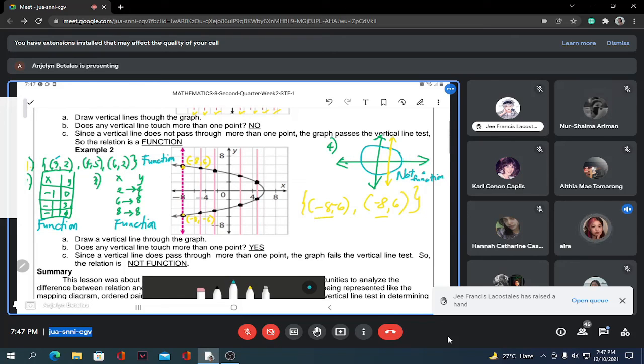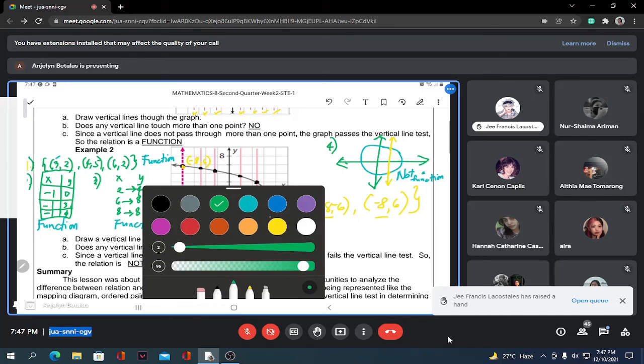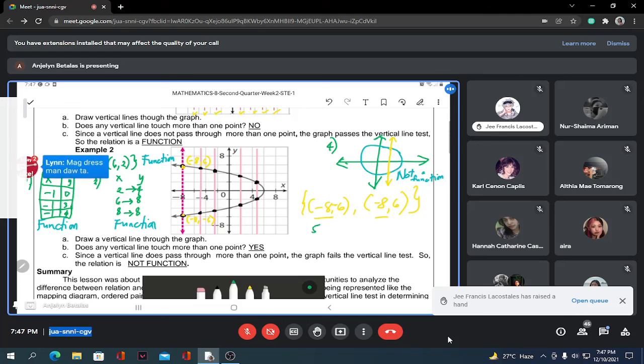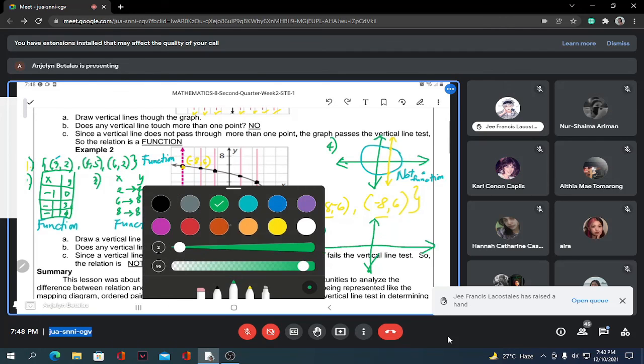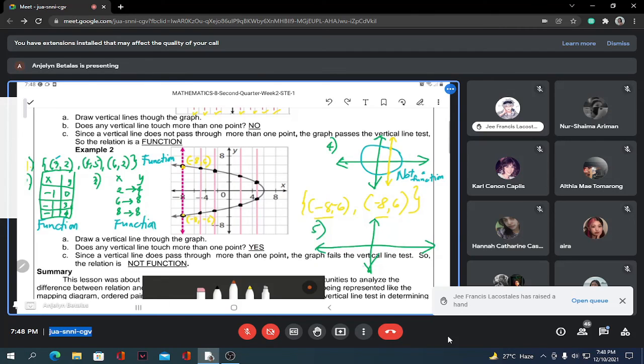Okay, another graphing. Another graphing. Is this a function?